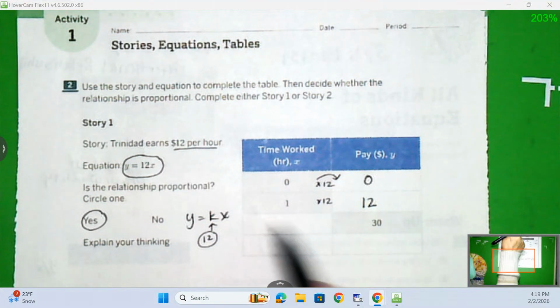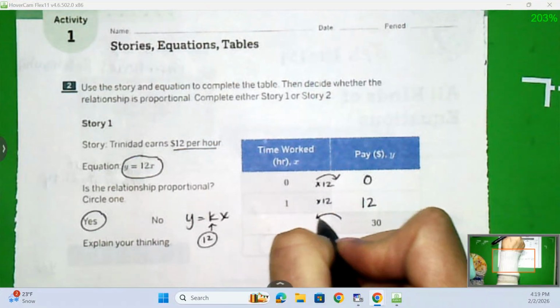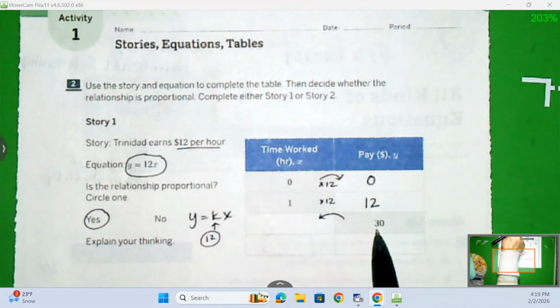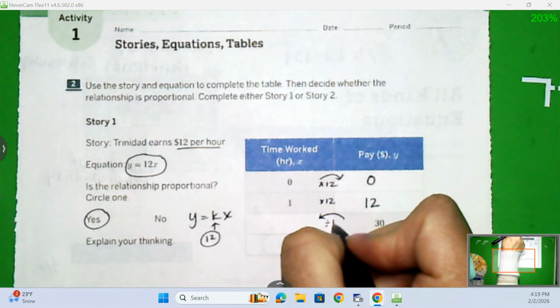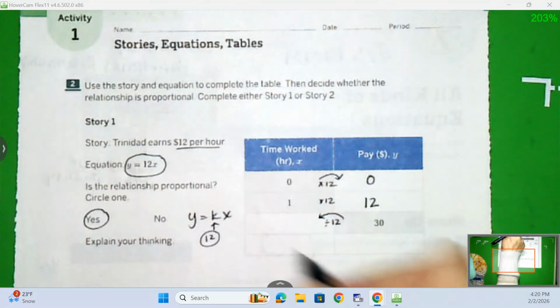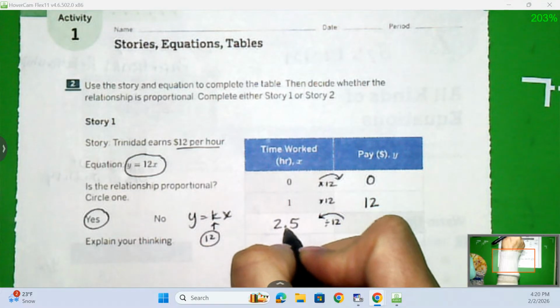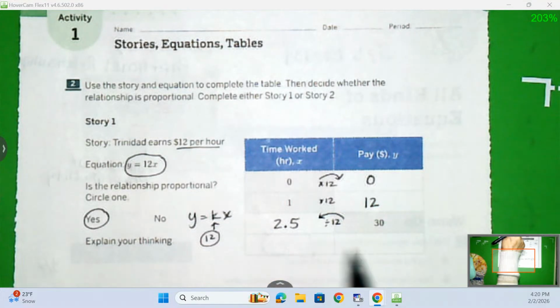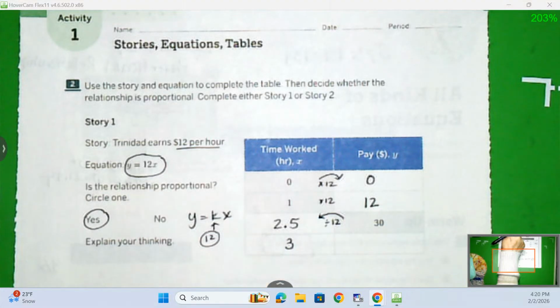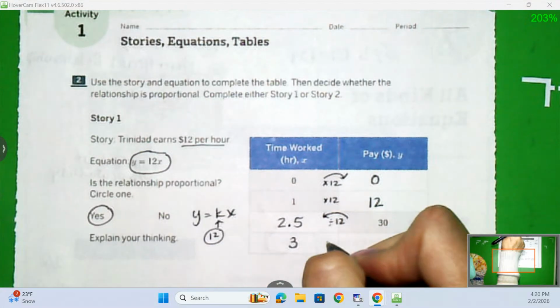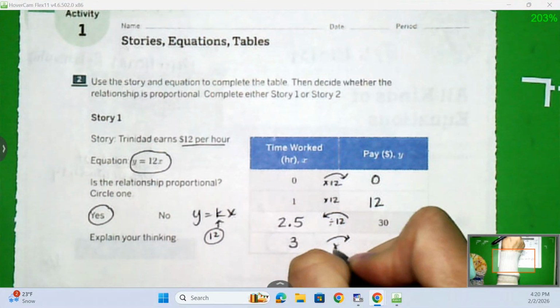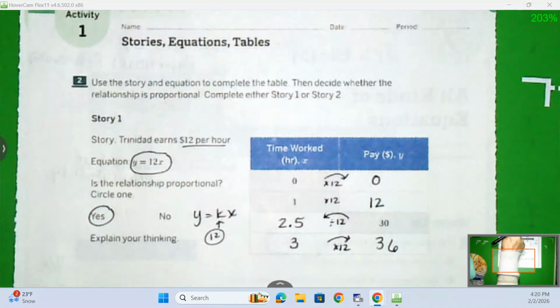Now we have to go backwards. In this case, something times 12 equals 30, so 30 divided by 12 is 2.5. Then you can come up with any number you want there. Let's pick 3, and 3 times 12 is 36.